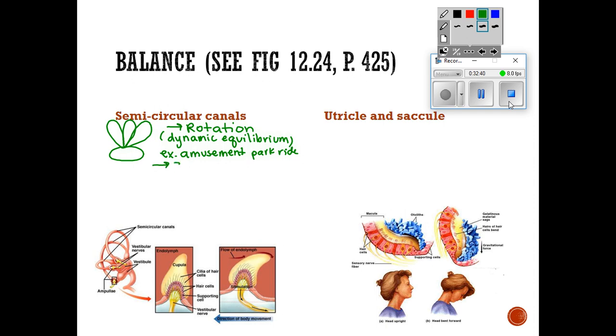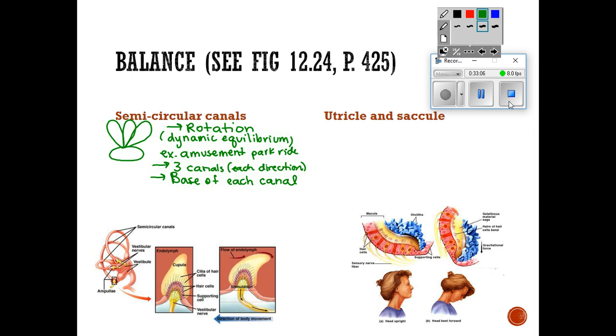There are three canals for each direction. So like I said before, the one that goes up and down, the one that's sort of horizontal, and the one that's diagonal. At the base of each canal, there are little hair cells.